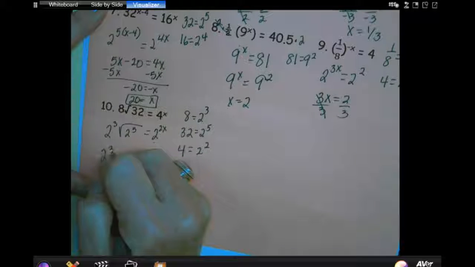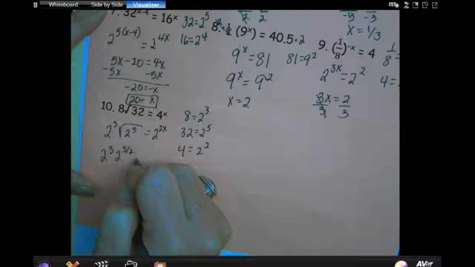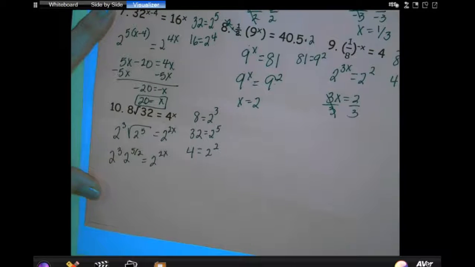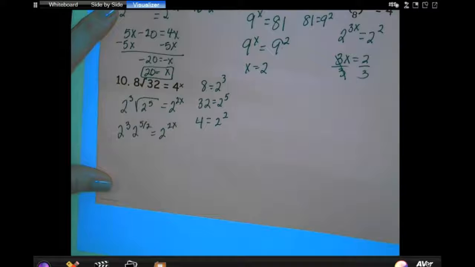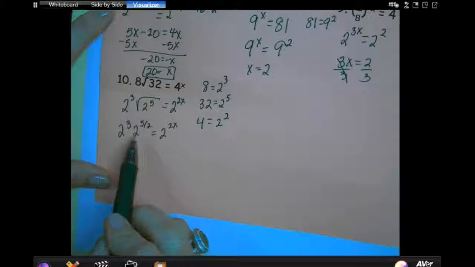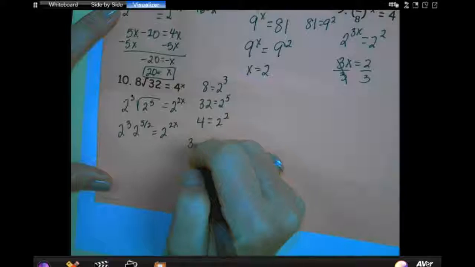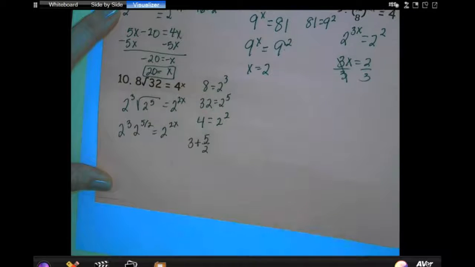So I have 2 to the 3rd times 2 to the 5 halves equals 2 to the 2x. Now, when I'm multiplying, what do I do with my exponents? Add. So I want to add 3 plus 5 halves.